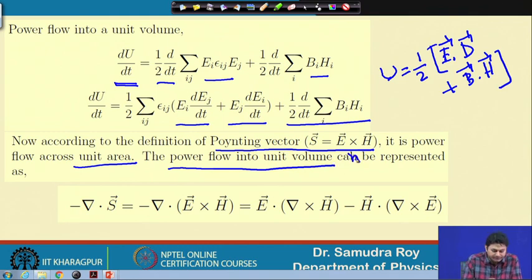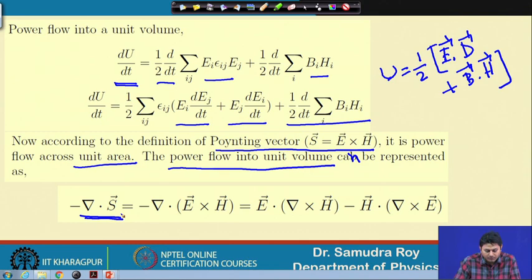What we will do, we can make a divergence of S. That is the power flow into the system. The negative sign suggests that this power flow is inside the system.